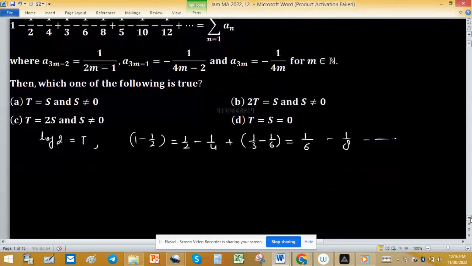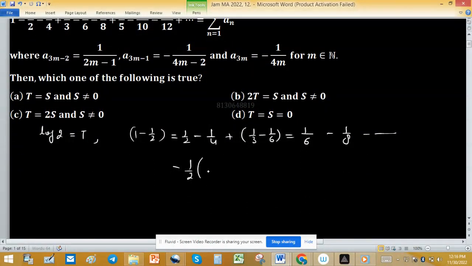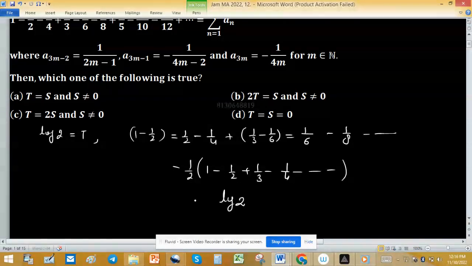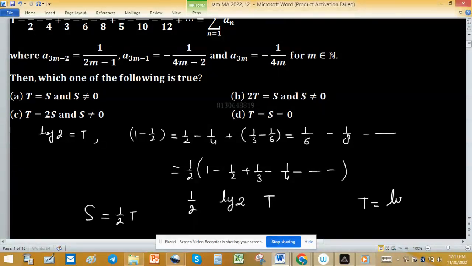So you can take 1 upon 2 outside: 1 minus 1 upon 2 plus 1 upon 3 minus 1 upon 4, and so on. This is nothing but log 2. So this is 1 upon 2 log 2, and log 2 is T. So S equals 1 upon 2 T, and as T equals log 2 is not equal to 0, and also T by 2 is not equal to 0, so S is not equal to 0.